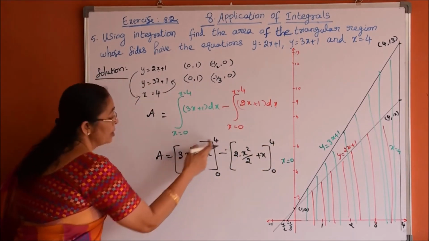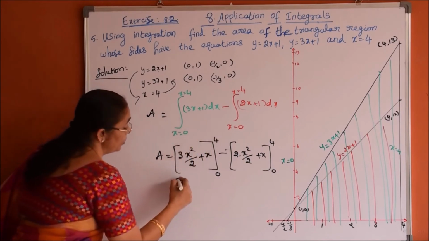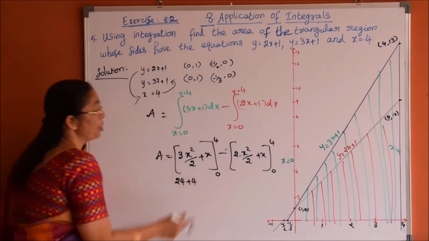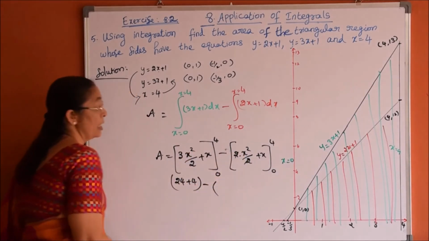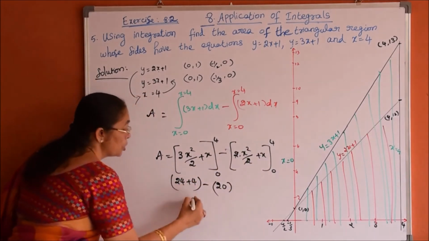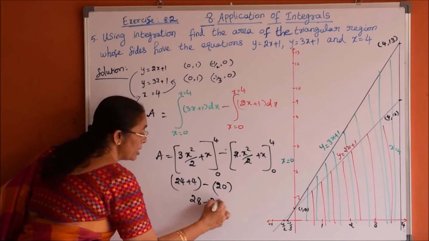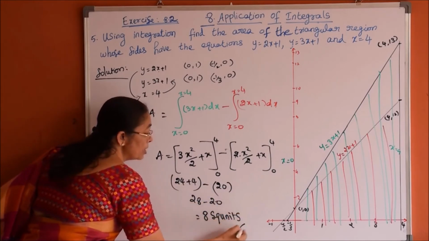Upper limit: 4 square is 16, 16 by 2 is 8, 3 eights are 24, plus 4, minus 0 for the lower limit; minus here 2 gets cancelled, 16 plus 4 is 20, lower limit 0. So, 28 minus 20 is equal to 8 square units, which is our required area.